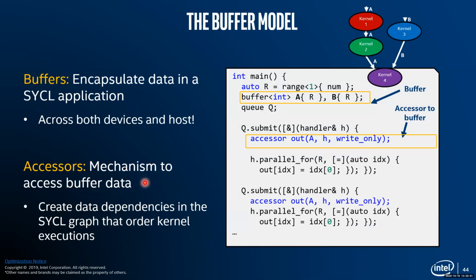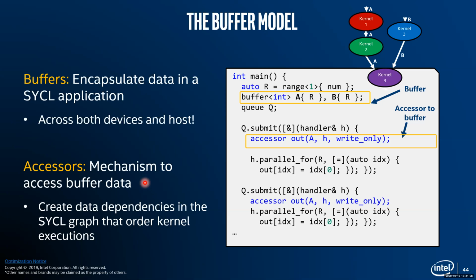So I was showing a simple lab in which we created buffers and accessors. The host and the device have discrete memories, so how do you actually share the data between the host and the device?